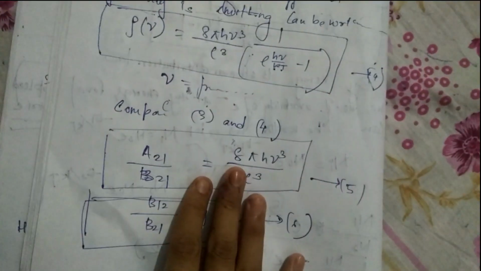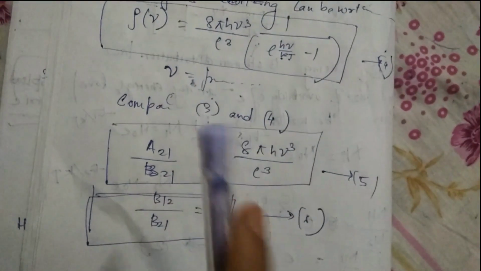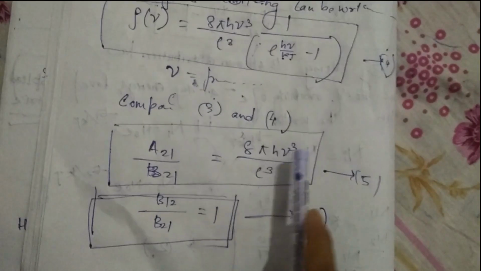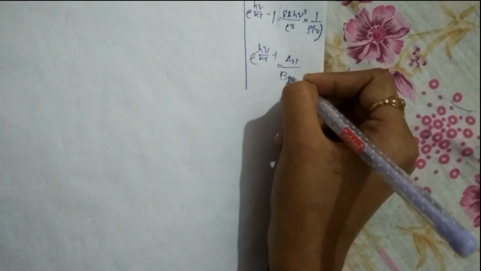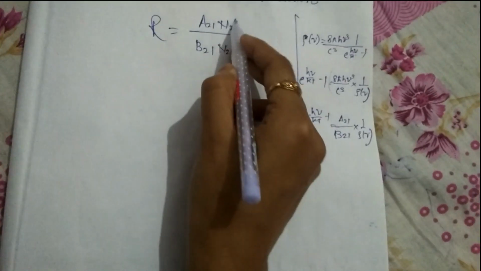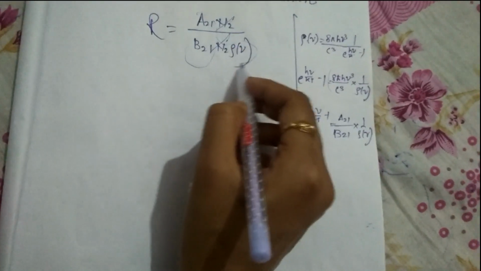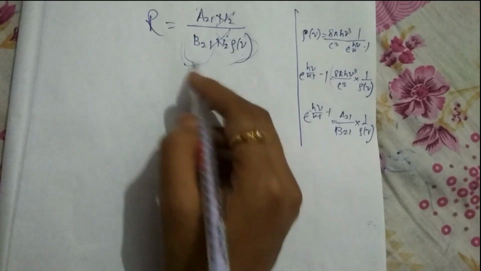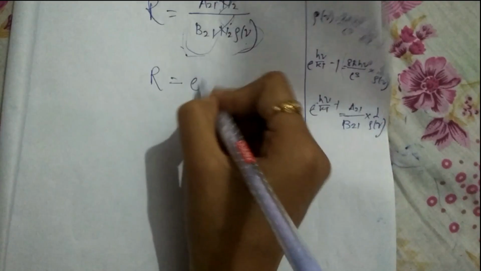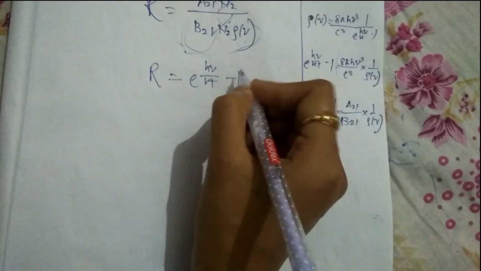These two are the Einstein coefficients, and we need to remember these two equations because these two are the basic. So A21 by B21 equals 8 pi h nu cube by c cube. Substitute the value of this, then we get e to the power h nu by kT minus 1 equals A21 by B21 times 1 by rho nu. Substitute the value of A21 by B21 rho nu. We get R equals e to the power h nu by kT minus 1.